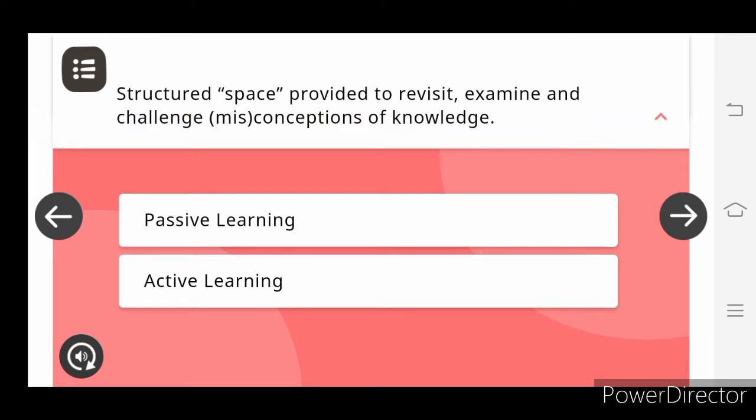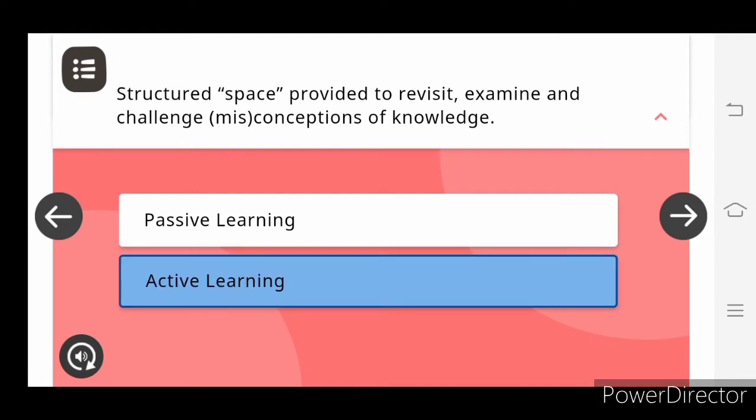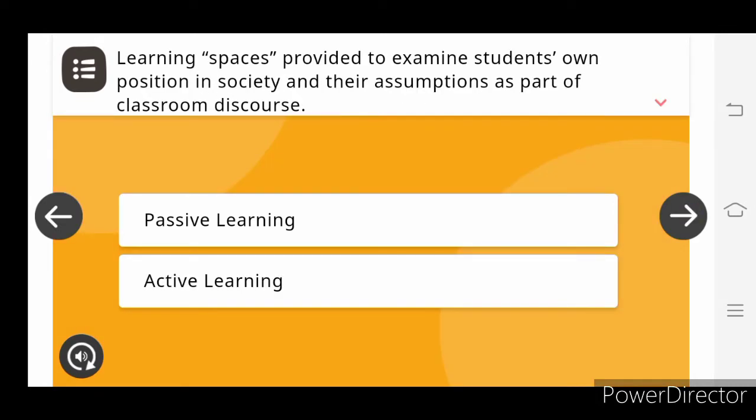We have here structured space provided to revisit, examine and challenge misconceptions of knowledge. So it is active learning. The next question: learning spaces provided to examine students' own position in society and their assumptions as a part of classroom discourse. It is active learning.